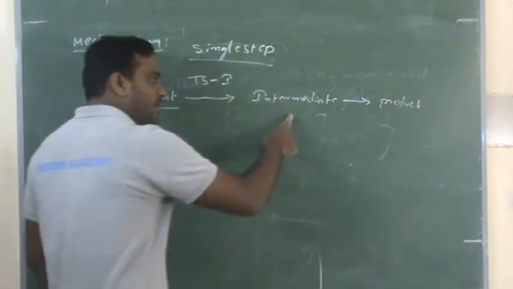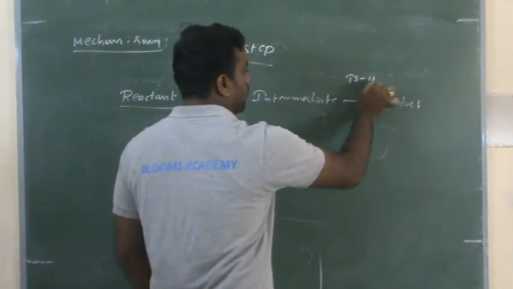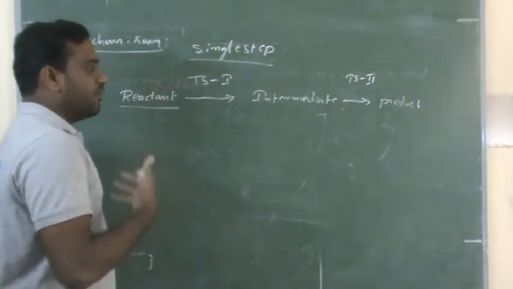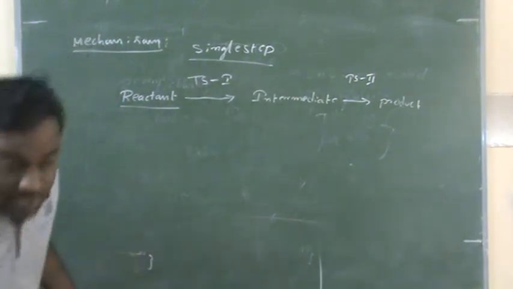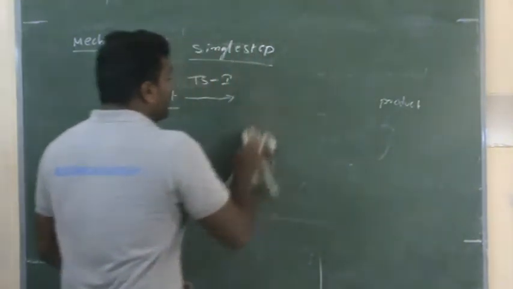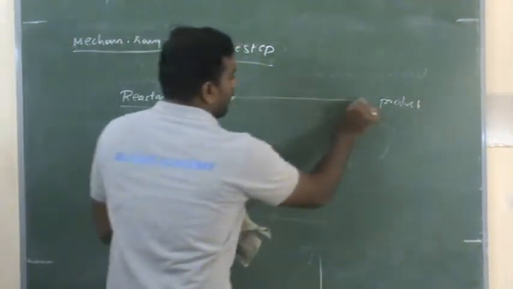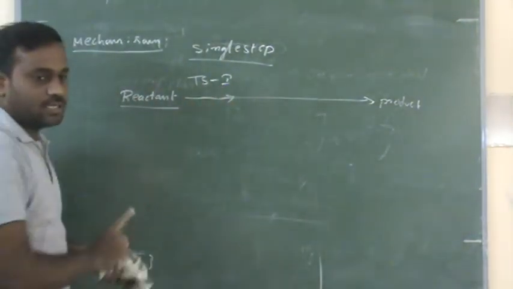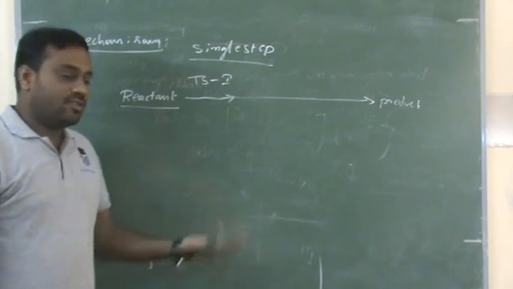Suppose this intermediate again forms product, there is transition state 2. Suppose there is no intermediate in a chemical reaction, it means there is no transition state 2. Means the reactant molecules can directly form products with one transition state.